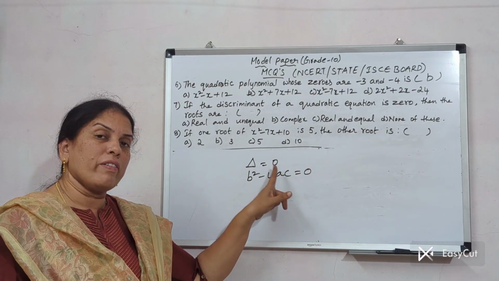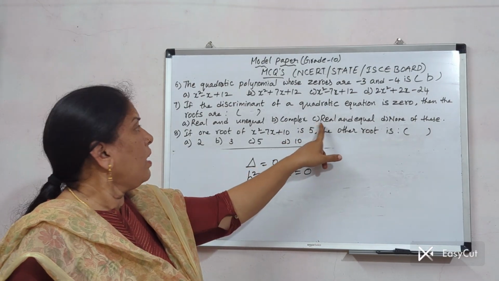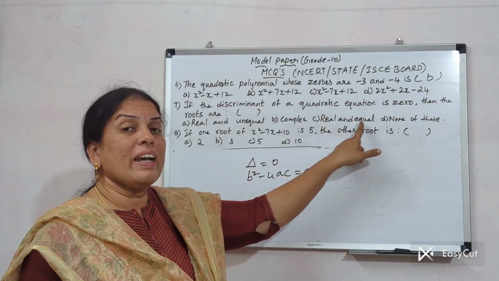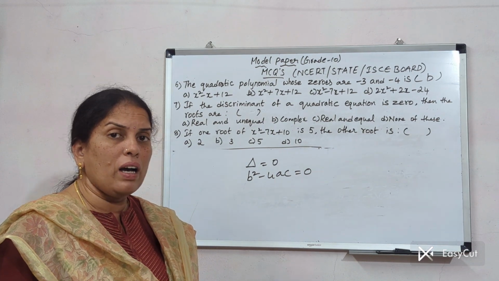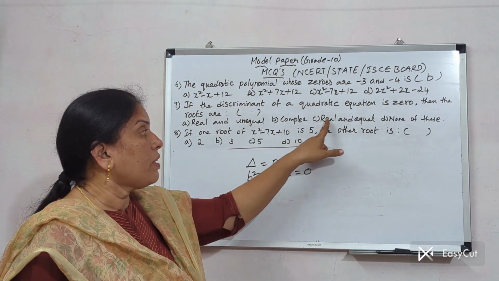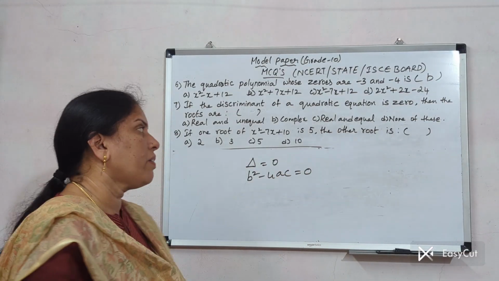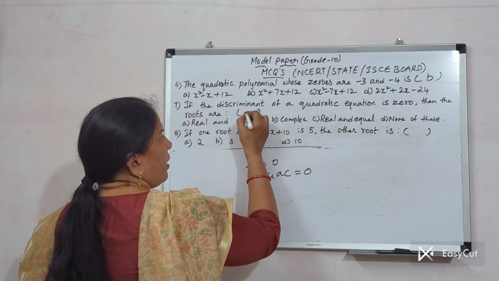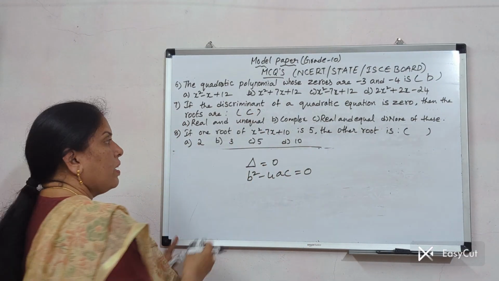If the discriminant equals 0, then the roots will be real and equal. So which is the correct option? C. Okay. Next one.